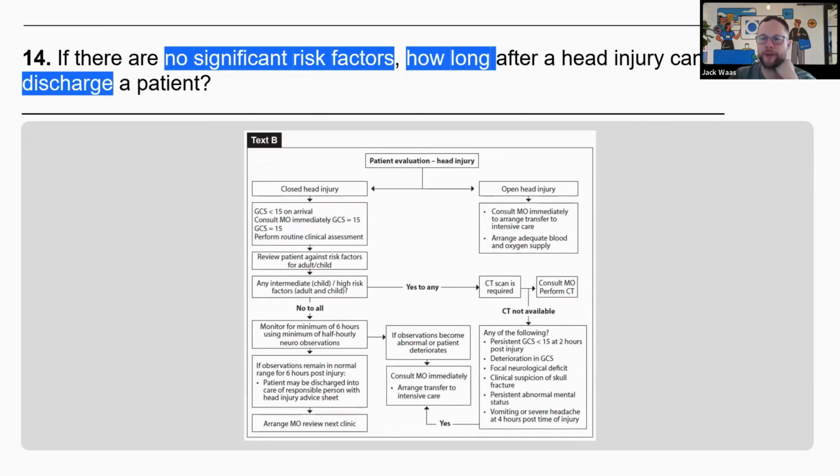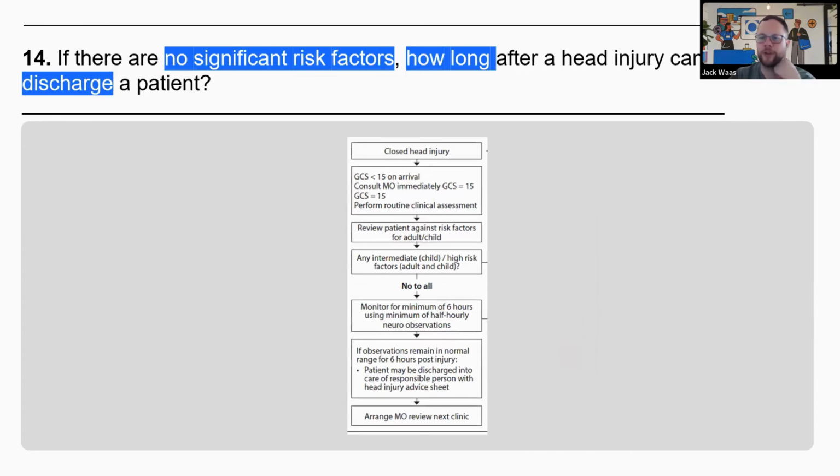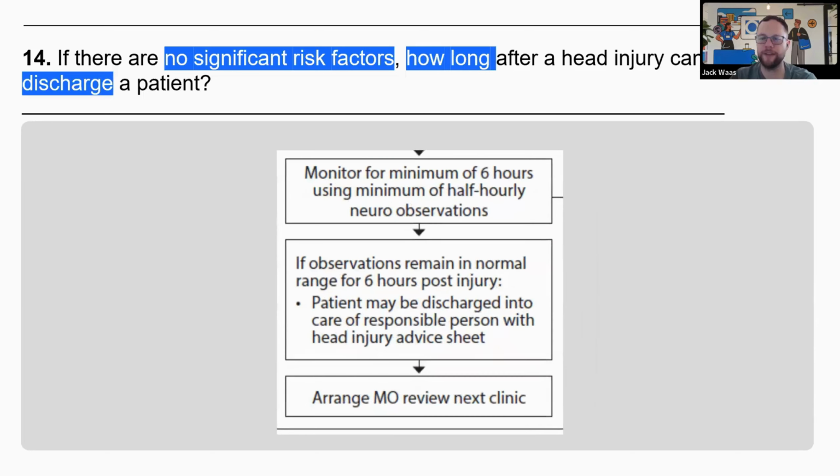Text B is a treatment pathway that tells us what to do with a patient with a head injury, so I'm looking here first. From a previous question, we know that open head injury patients are transferred to intensive care. So we're looking at closed head injuries. If there are no risk factors at all, this box relates to discharge advice.